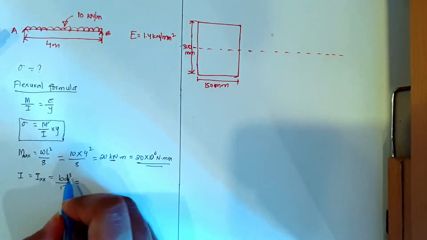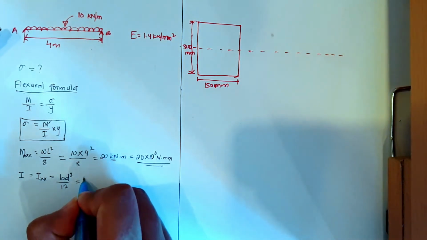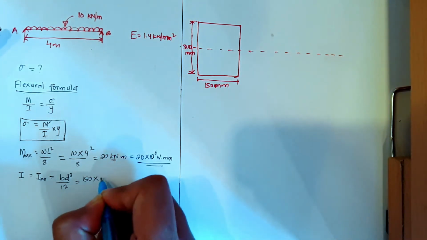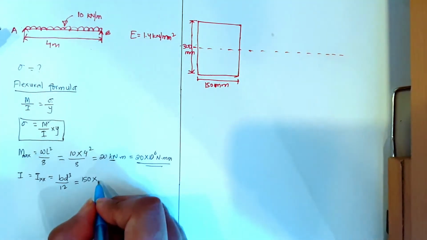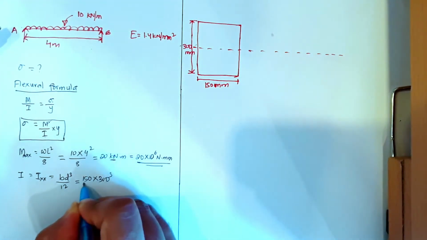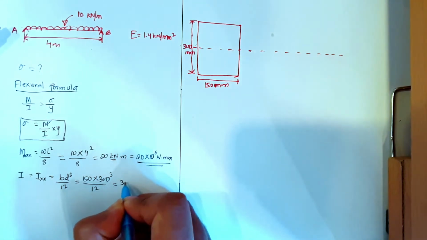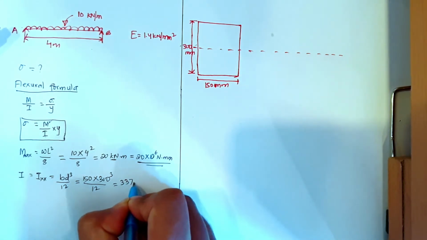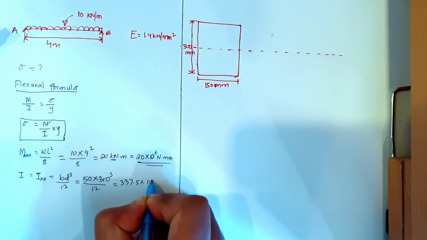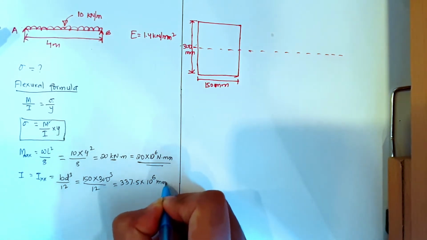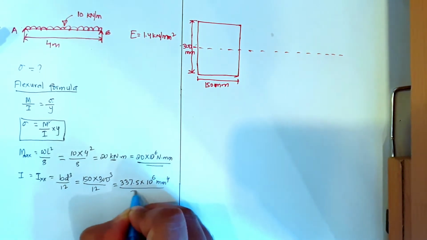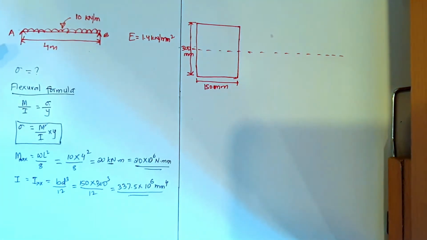So here B is given equal to 150, depth is given equal to 300 cubed by 12. So from here you will get equal to 337.5 into 10 raised to power 6 mm raised to power 4. So this is the moment of inertia.